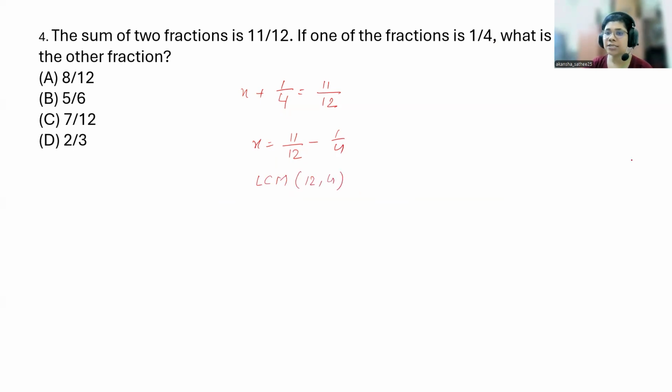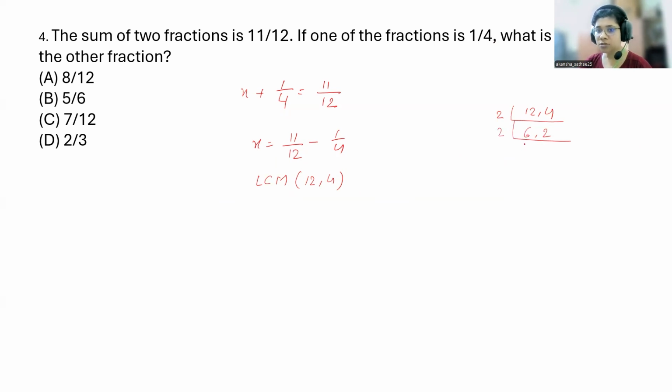How do we compute the LCM? Same rule, 12 and 4. Look at the smallest number which can divide one of the numbers. 2 is one of them. If you divide 12 by 2, you will get 6. If you divide 4 by 2, you will get 2. Again, you have to look for any number which can divide 6 or 2.